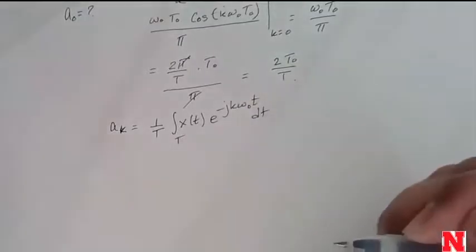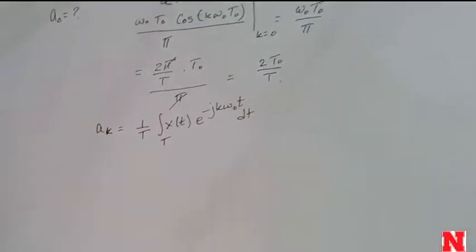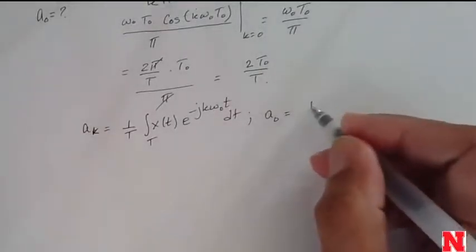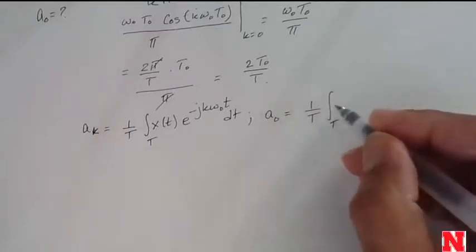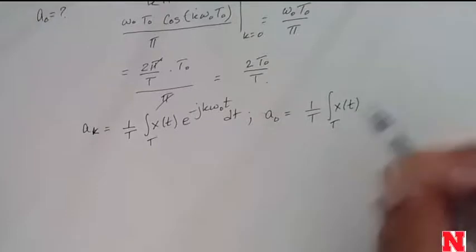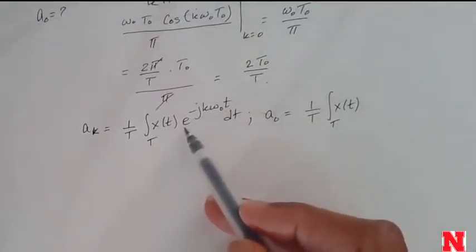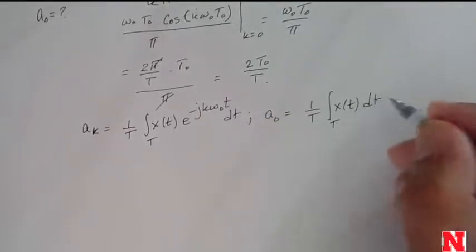If I write a sub 0 instead of a sub k, then a sub 0 is equal to 1 over T integral over 1 period of x of t. And now here, instead of e to the minus jk omega naught t, I'll just get e to the power 0, which is just 1. So it's just that. Right?